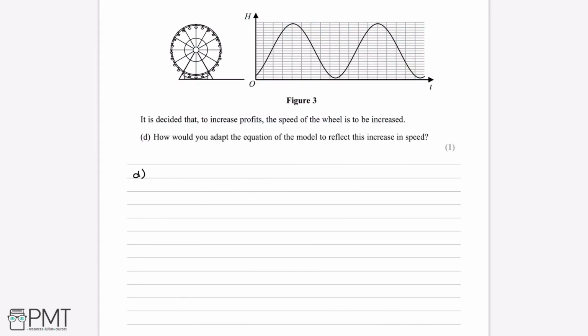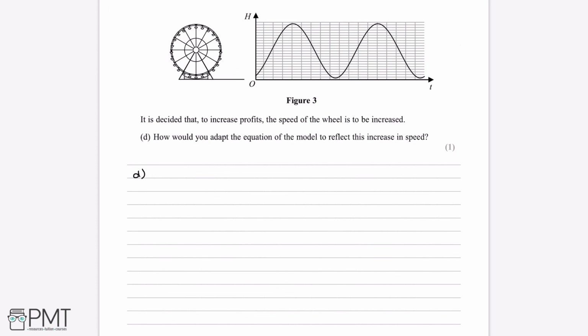So it's decided that to increase profits, the speed of the wheel is to be increased, and part D is asking how would you adapt the equation of the model to reflect this increase in speed. An increase in speed would mean that it travels the same distance, or goes up or down the same height, but in a smaller period of time. If we think of it as the equation speed equals distance over time, for a speed to increase, time would decrease.